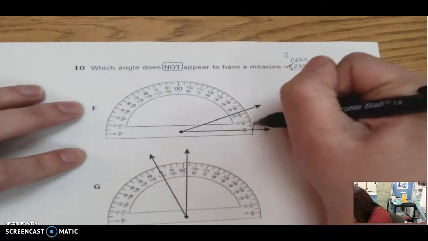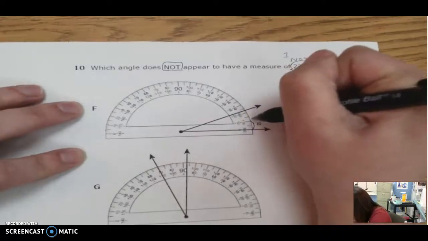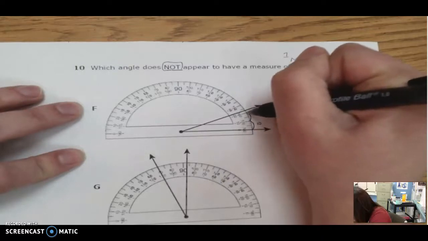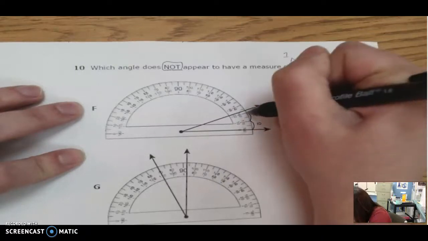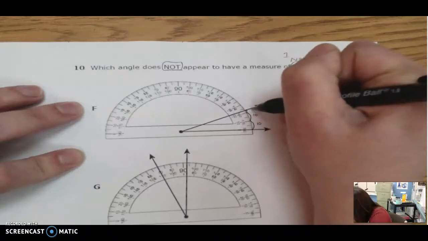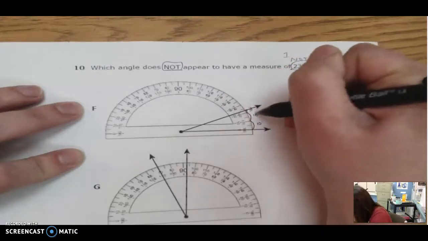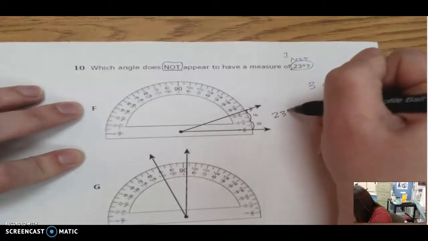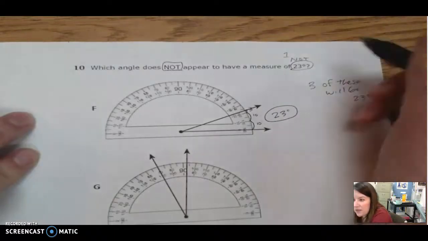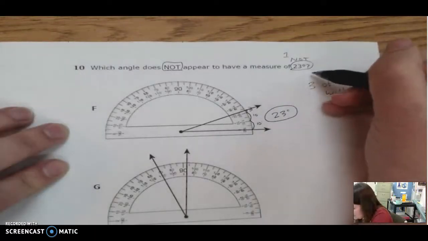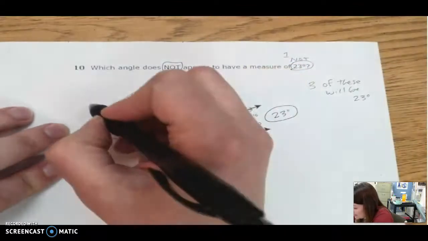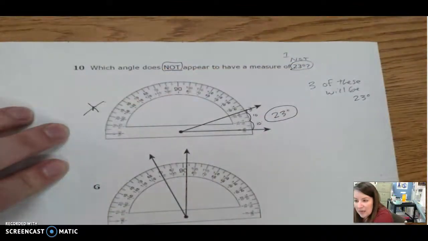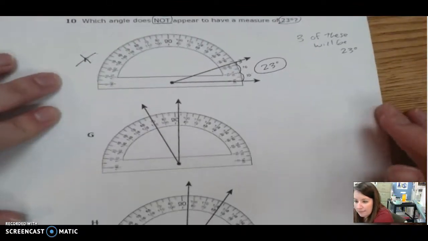So I'm going to go 0 up to 10, that's 10, 0 to 20, that's another 10, and then it looks like it goes 1, 2, 3. Yep, so 10, 10, and 3, this one is 23 degrees. That does match, but remember I'm looking for the one that's not 23 degrees. Since that one's 23, it can't be it.